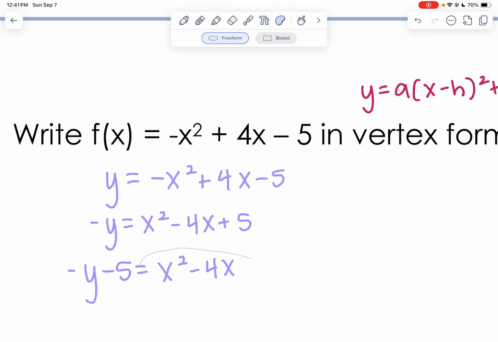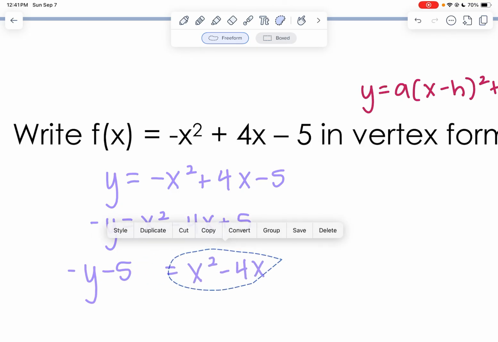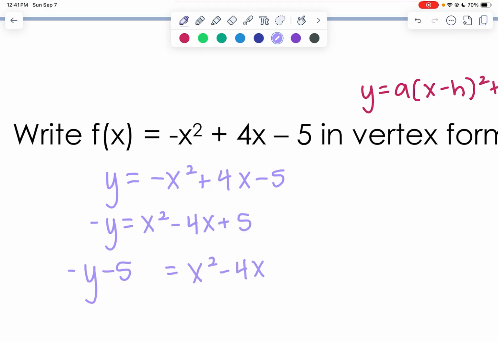Okay, and now I'm going to complete the square, which meant that I'm going to have to add to both sides. So what's the value here that would complete the square? Well, remember that to find c, that was just c equals b over 2 squared. So that would be negative 4 divided by 2 squared, which would just be positive 4. So I'm going to add 4 to both sides.